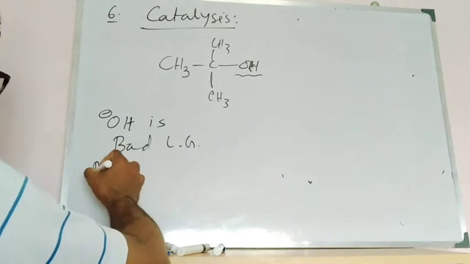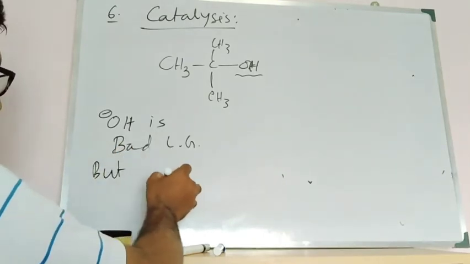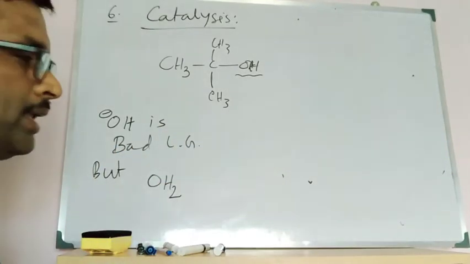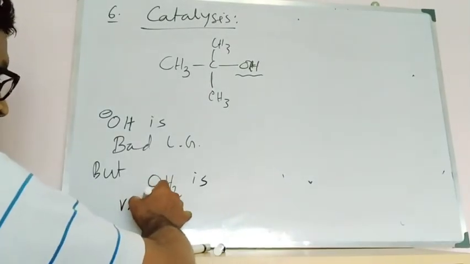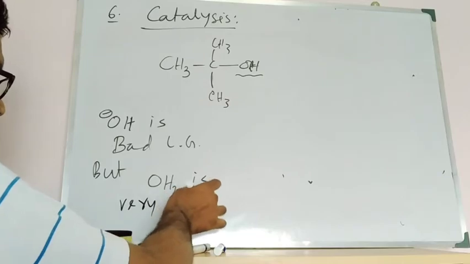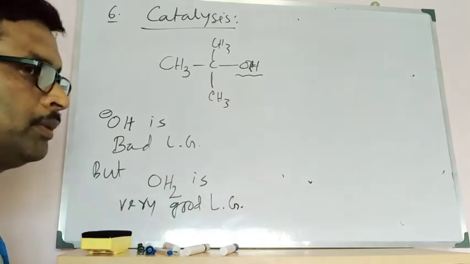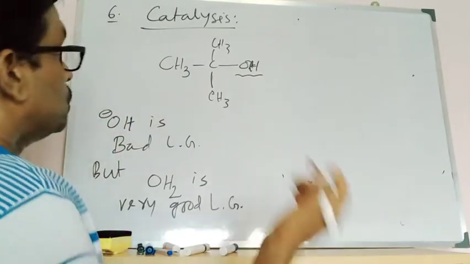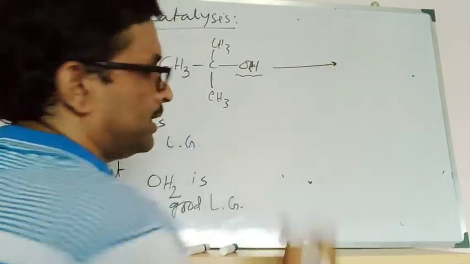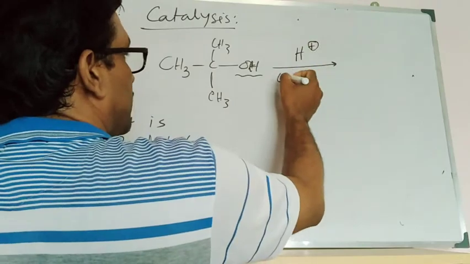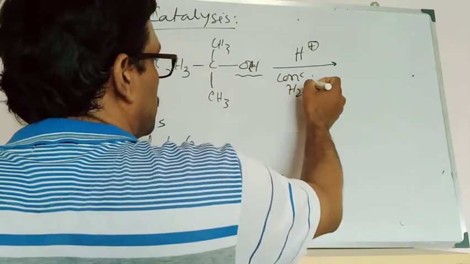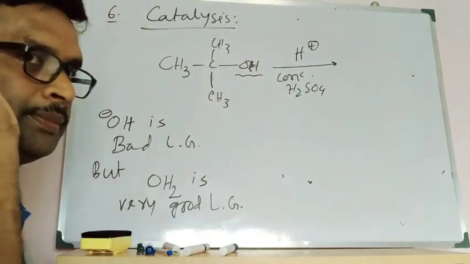But its neutral species, that is OH2 or water, H2O, is very good, because water is a very stable molecule. Water is everywhere. So first of all, we convert this in presence of H plus, concentrated H2SO4; a very small amount, 3 to 4 drops, is sufficient.